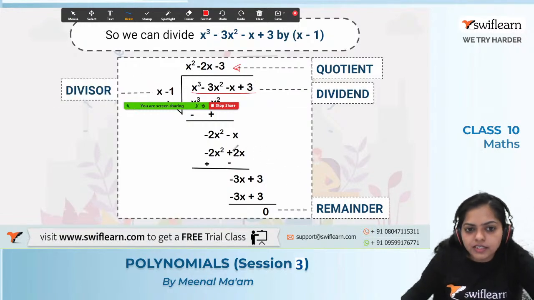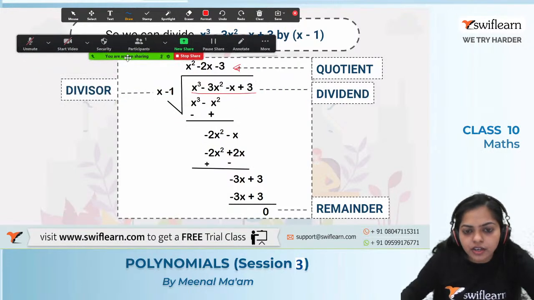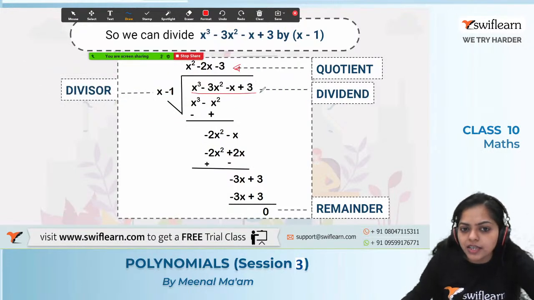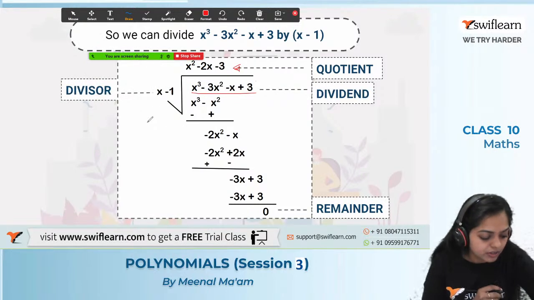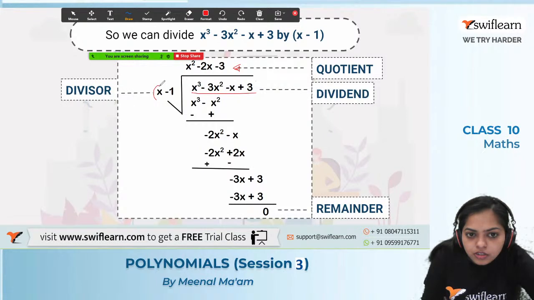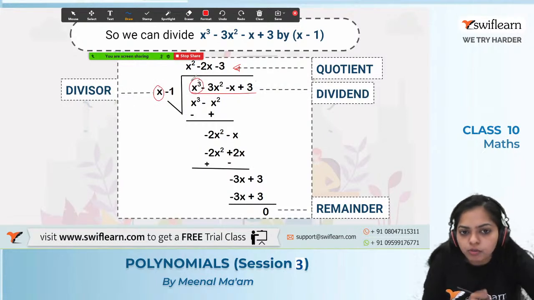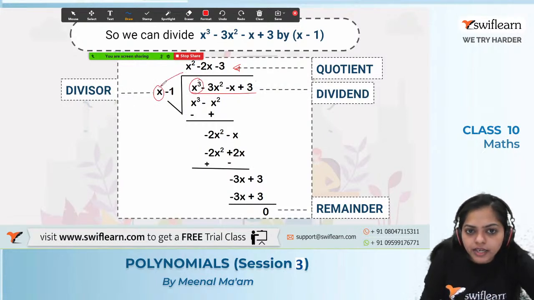Alright. So let's divide x cube minus 3x square minus x plus 3 by x minus 1. Got it? Okay. So if I divide it, to obtain x cube, what do I have to multiply? I have to multiply x square. Alright. So if I multiply this x square, what will I get? x into x square is x cube.